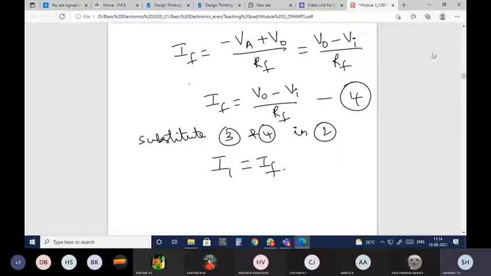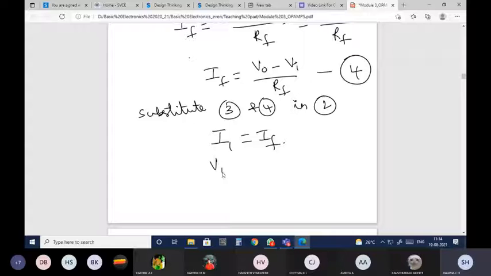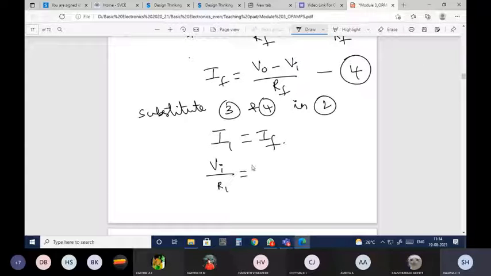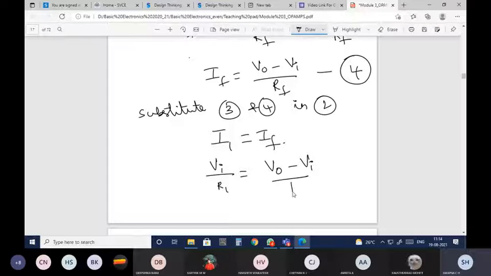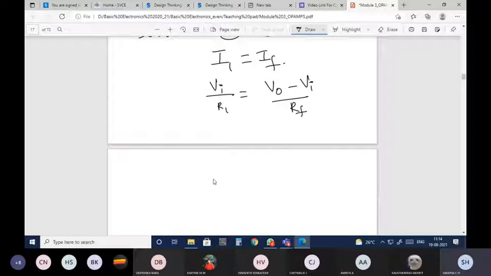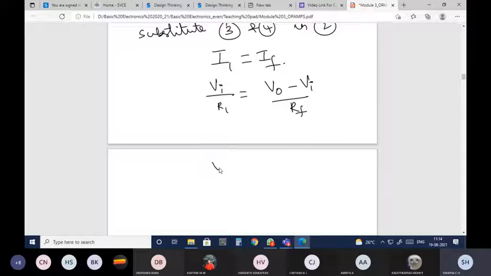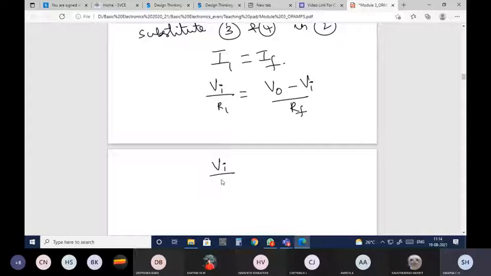So I1 is nothing but VI by R1, that is equal to IF. IF is nothing but V0 minus VI divided by RF. Now we'll rearrange the terms. So VI by R1 is equal to V0 by RF minus VI by RF.